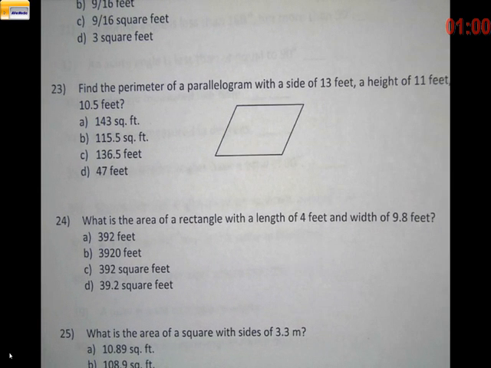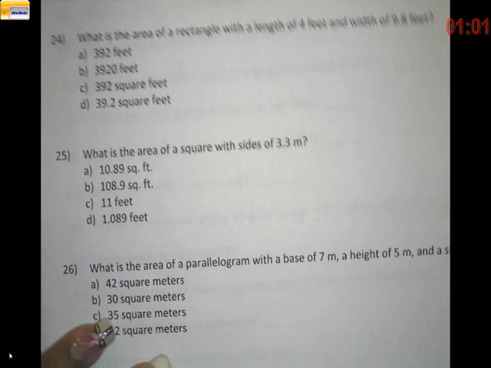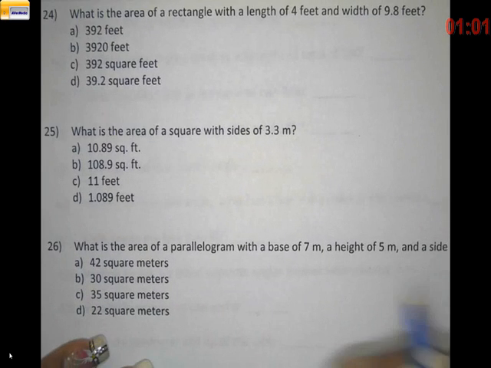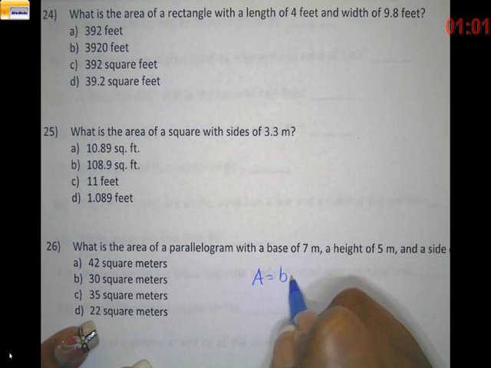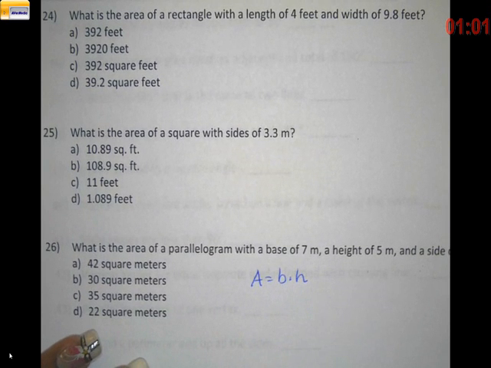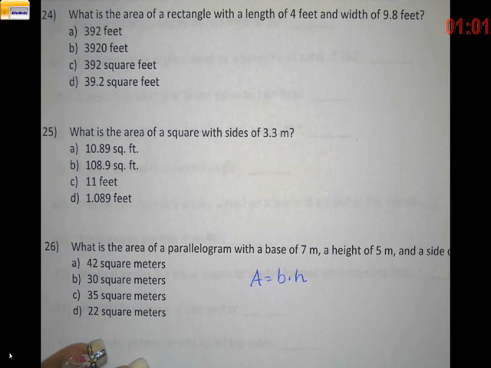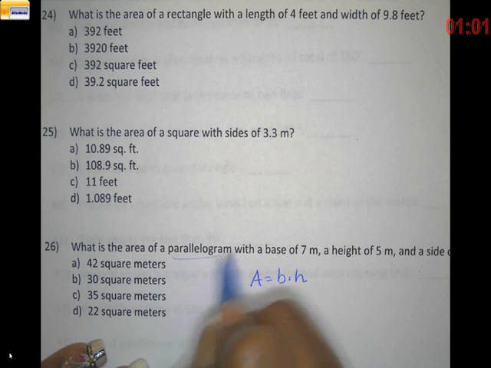The area of a parallelogram. Remember the area of a parallelogram. Go to 26. The area of a parallelogram is equal to the base times the height. You don't need the side for the area. Are you on 26? Oh, 26. Yeah, 26 is a parallelogram.